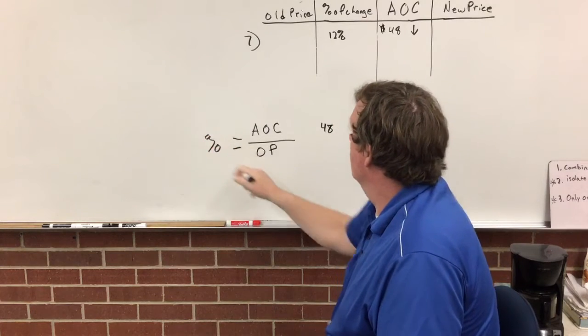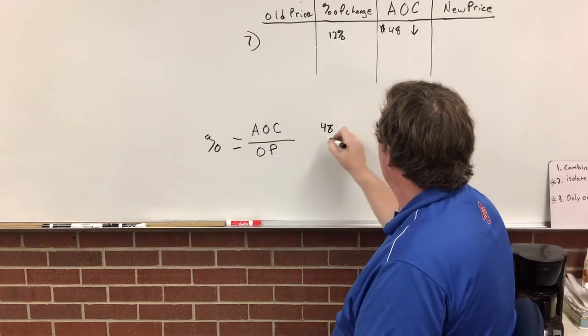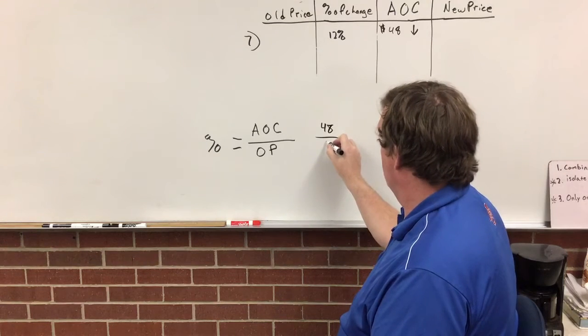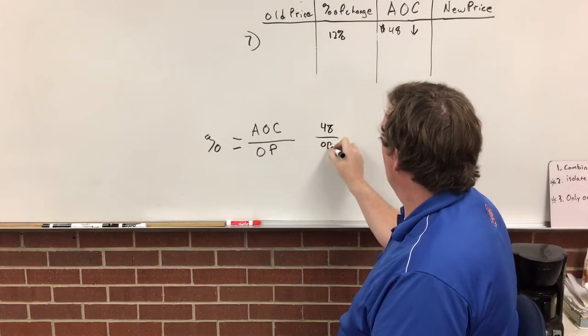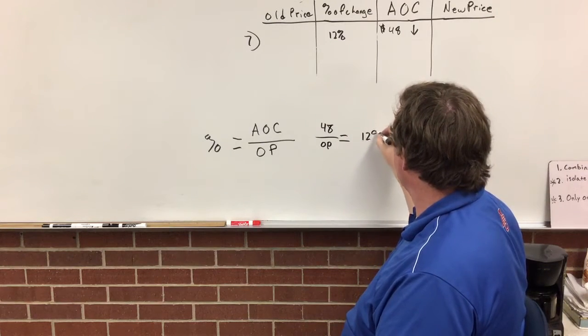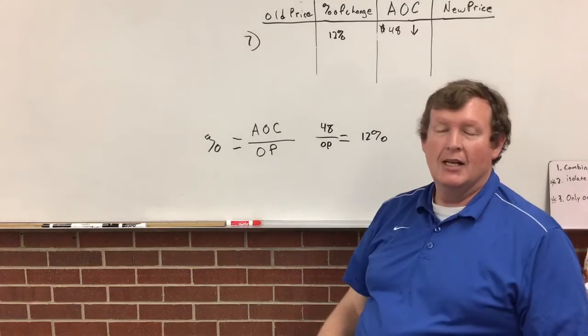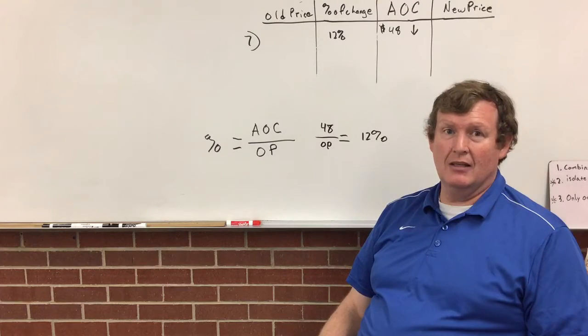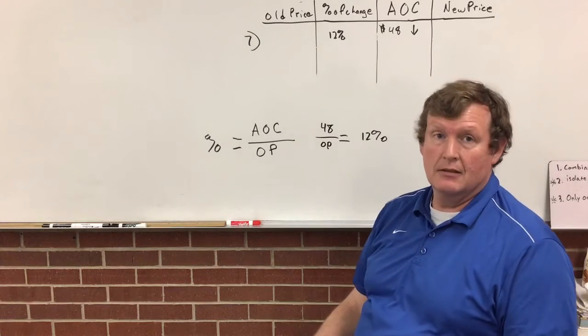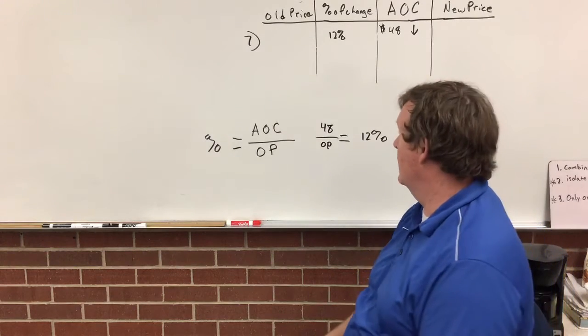So I have 48 over the old price, which I don't know, but I know when I do that, I get 12%. Because I can do that, I can actually figure out what the old price is. This is the way I do that.